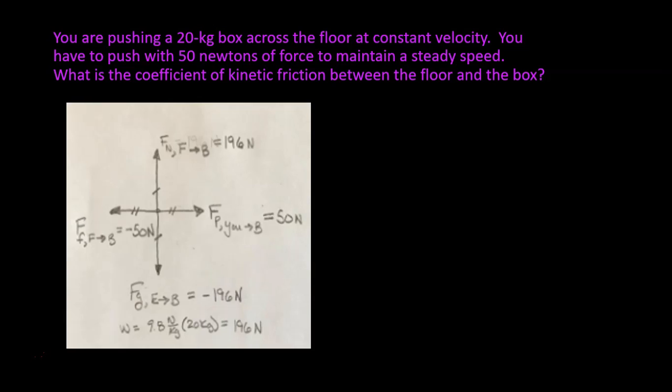So we know the force of gravity acting on the box, and then that gives us the normal force, which is just the same strength but in the positive direction. We put in our push force to the right, and we know that's 50 newtons, and because the box is moving at constant velocity, we know that the friction force is just as strong, 50 newtons, but in the negative direction.